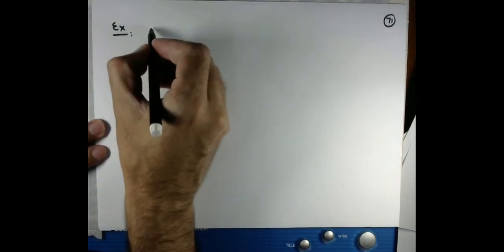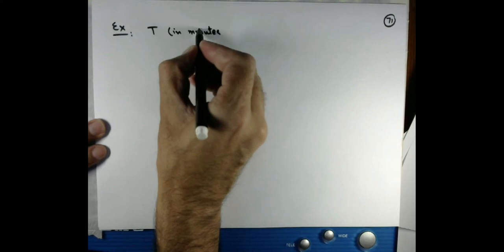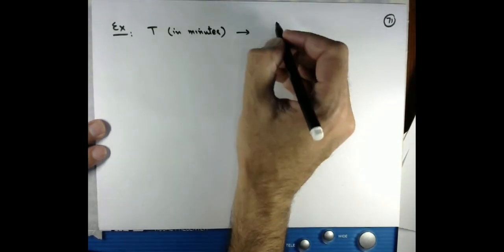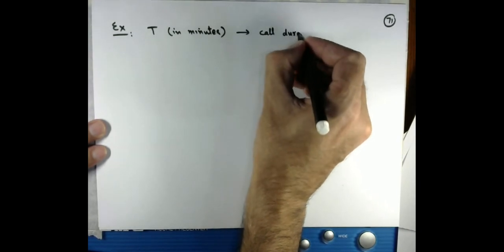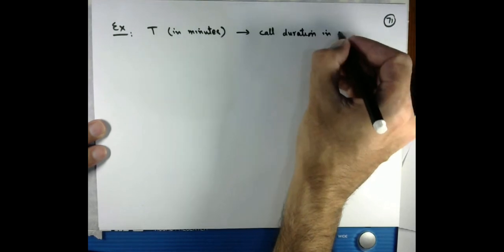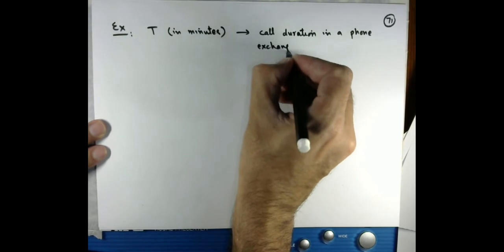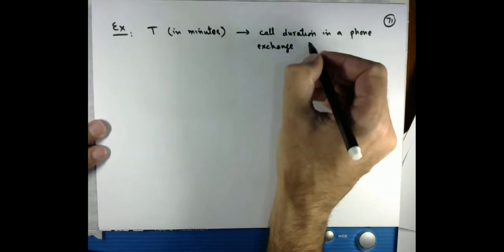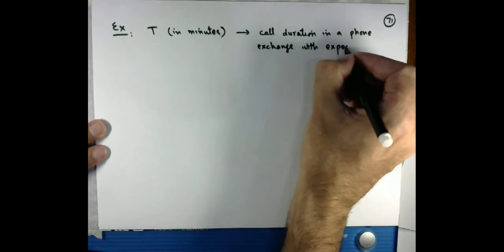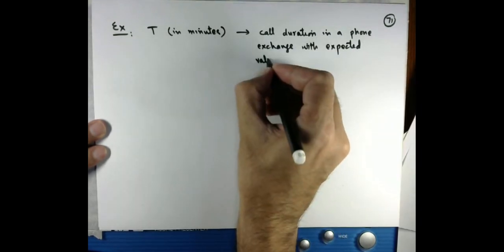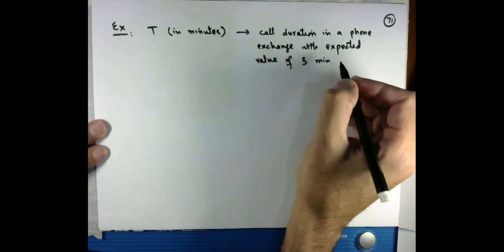Suppose t in minutes is the call duration in a phone exchange with expected value of 3 minutes.